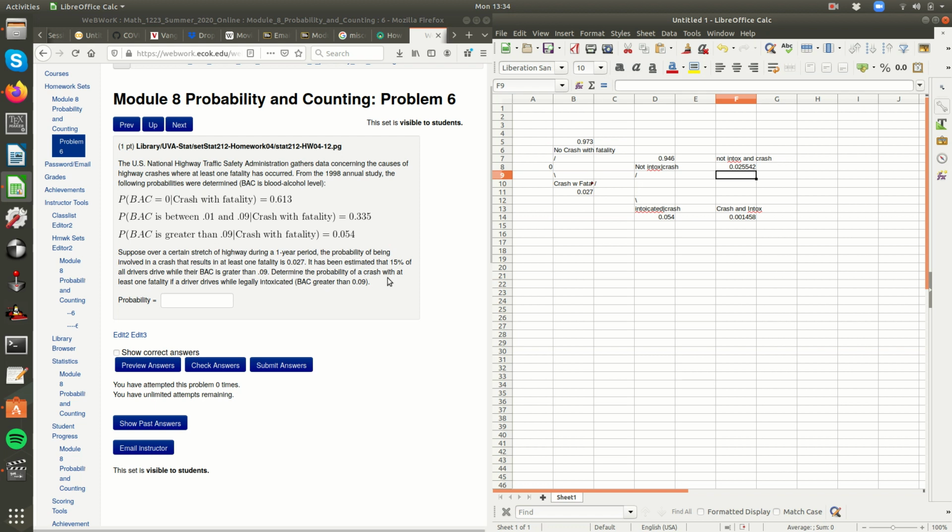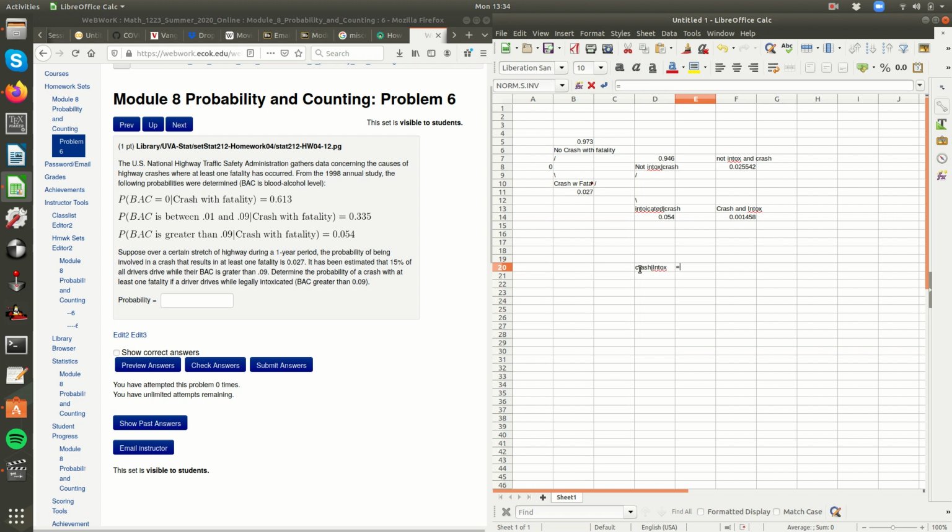determine the probability of a crash with at least one fatality if the driver drives while legally intoxicated. So I think this question is asking the opposite thing. I think this one is saying, what's the probability of a crash given intoxication?